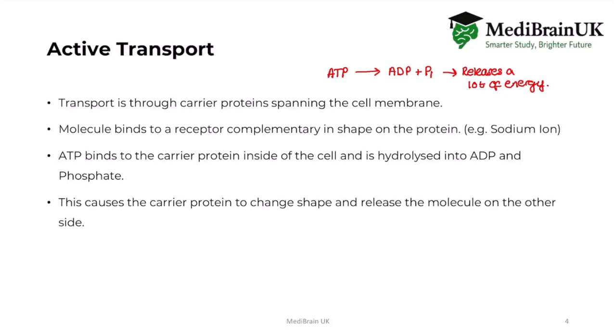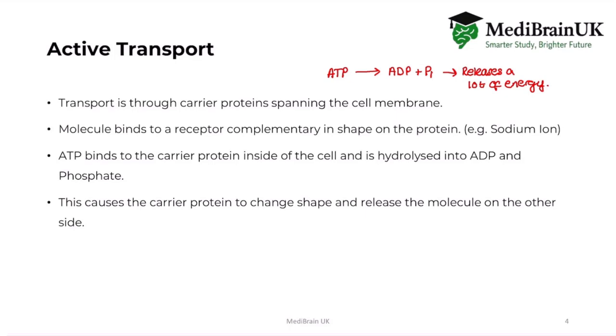So that hydrolysis of ATP into ADP has released the energy for the carrier protein to change shape and for that molecule to move into the cell. Because of the change in shape, a small gap is created, and that's what has allowed the molecule to move into the cell.